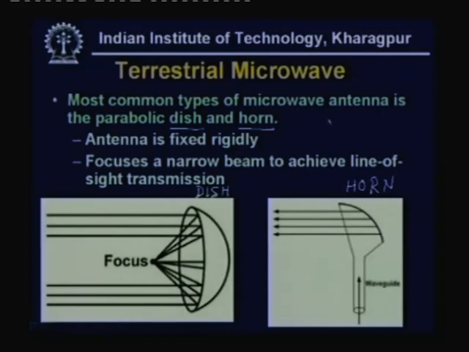The antenna must be placed very rigidly in one place with the help of some structure, and then you can have point to point communication between these two antennas. So it can focus a narrow beam to achieve line of sight communication with the help of these two types of antennas.